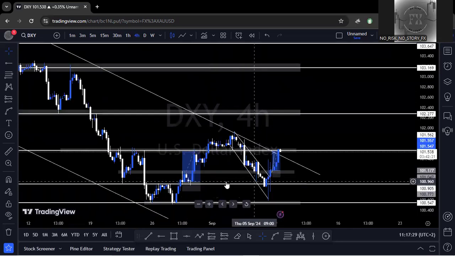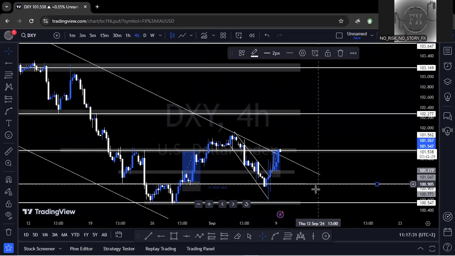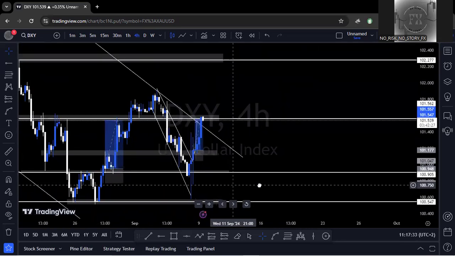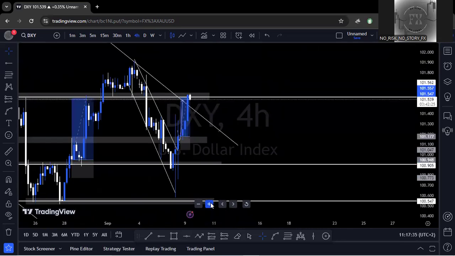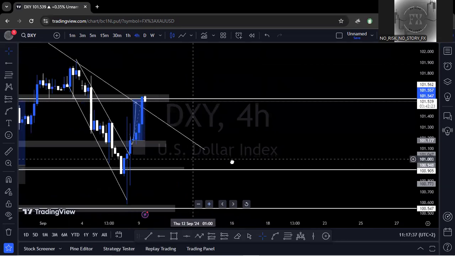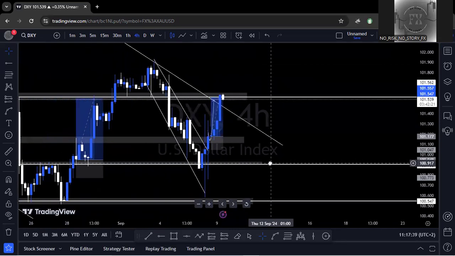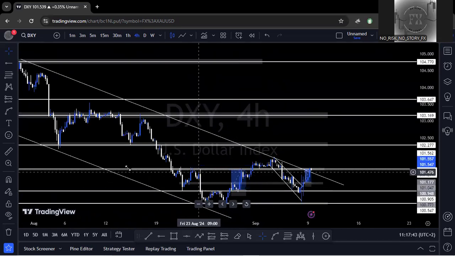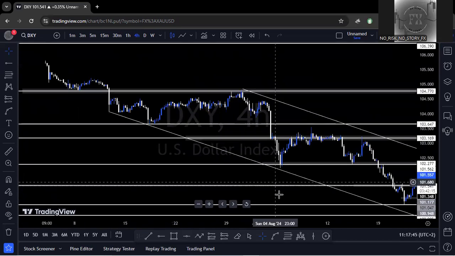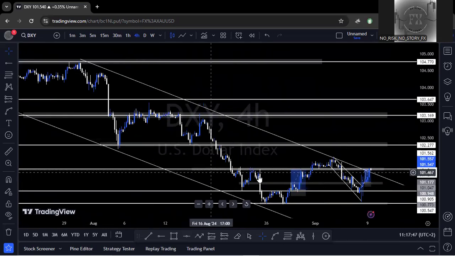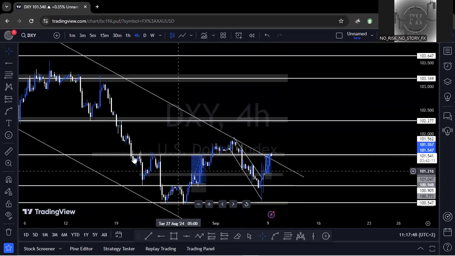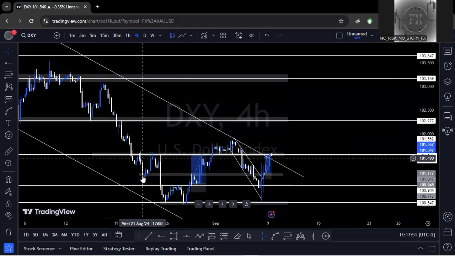My Wi-Fi is slow. So yeah, guys, as you can see, we are in this resistance zone here. When you're below this area, we are selling. Below, we are selling.